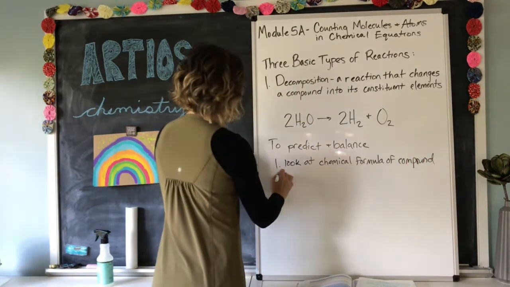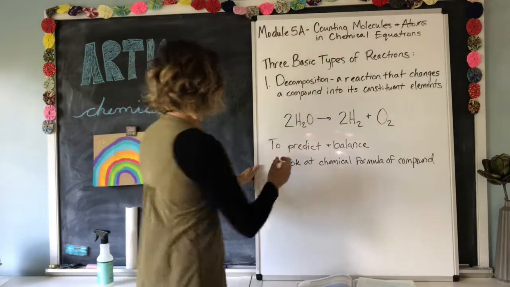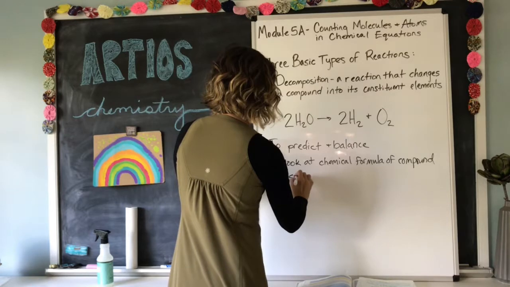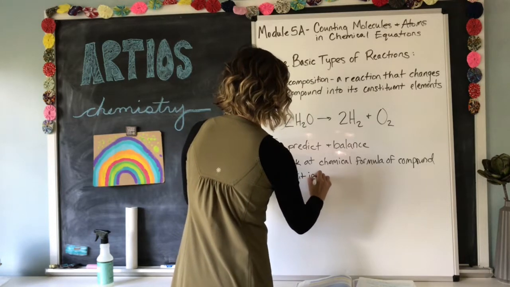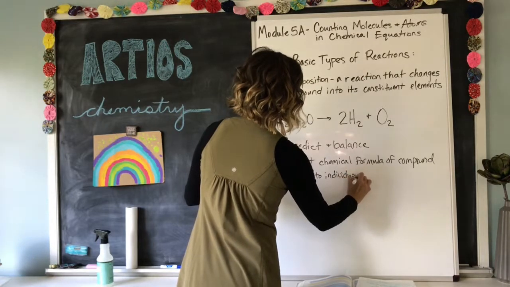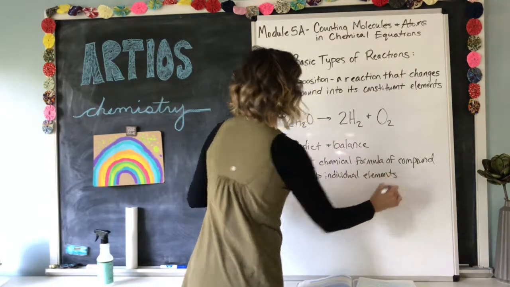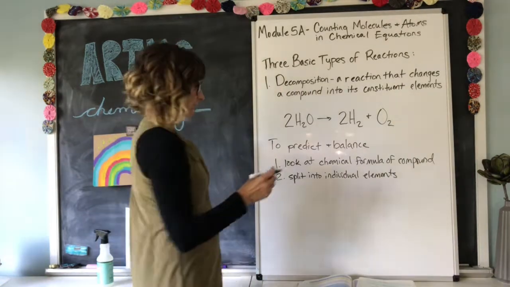All right, step 2 is you split it up into its individual elements, and remember any homonuclear diatomics.